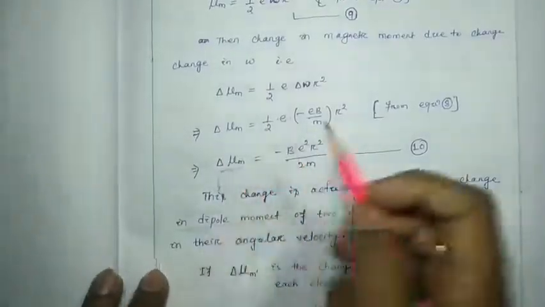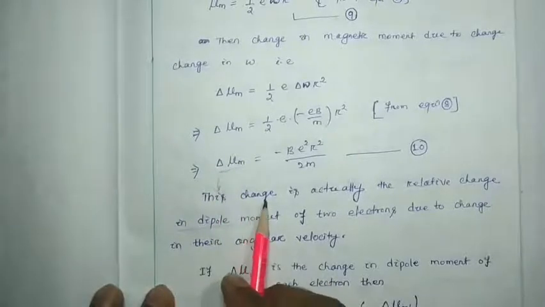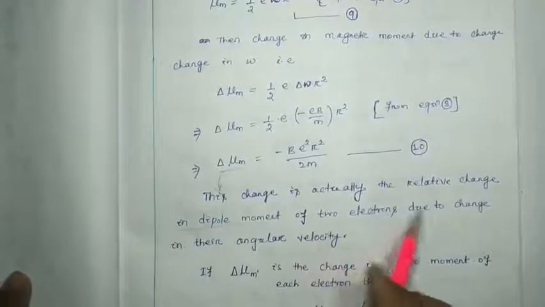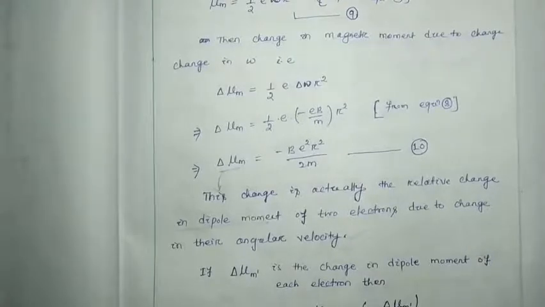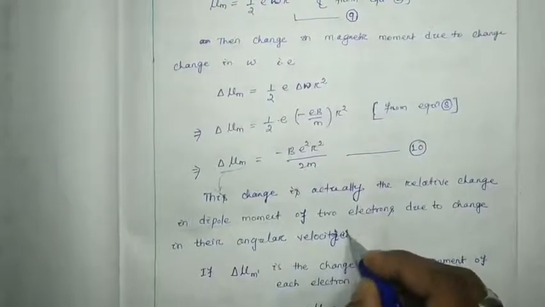So this expression is the relative change in dipole moment of two electrons due to the change in their angular velocities.